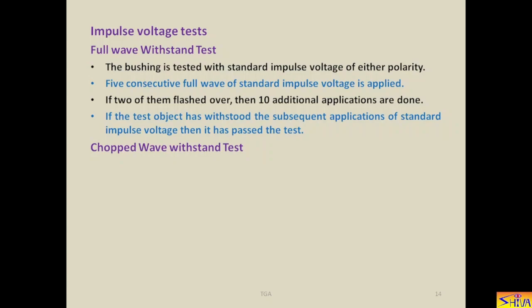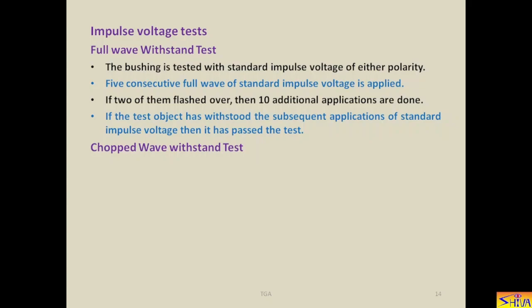Next is chopped wave withstand test. Now why chopped wave withstand test? Now bushings are associated with the transformer. Now transformer is the first equipment which is connected in the substation. So when lightning over voltage is coming or switching over voltage is coming, it is the first equipment which has to face this. And to protect this transformer, there is lightning arrestor.